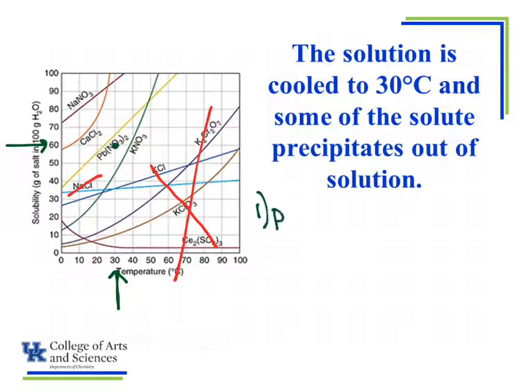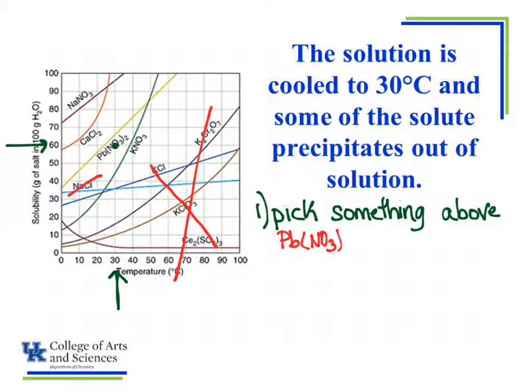We're going to do the same thing as before and pick a substance above that point, again looking at 30 degrees Celsius, because that's the temperature we're worried about. Let's look at Pb(NO3)2. About 65 grams of Pb(NO3)2 will dissolve in 100 grams of water at 30 degrees Celsius. So if we only had 60 grams of our solute, all 60 would dissolve.